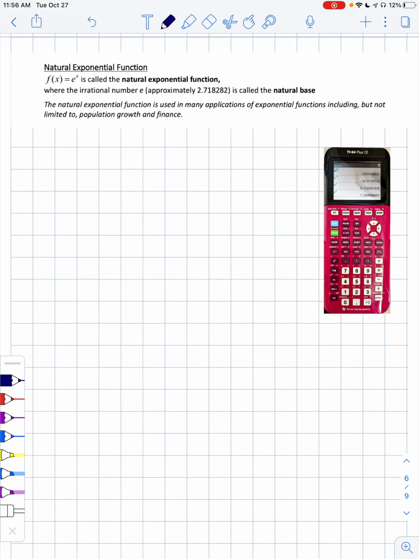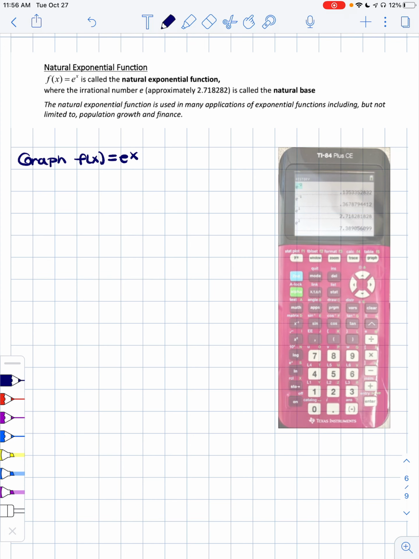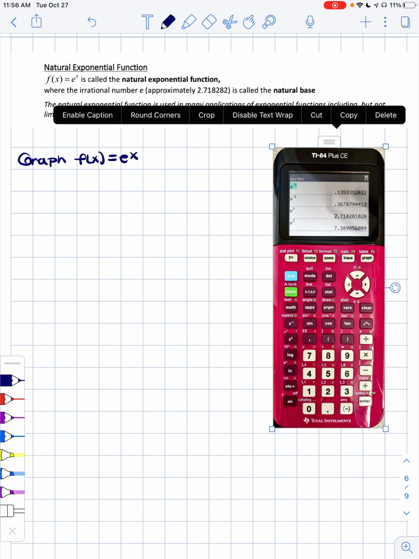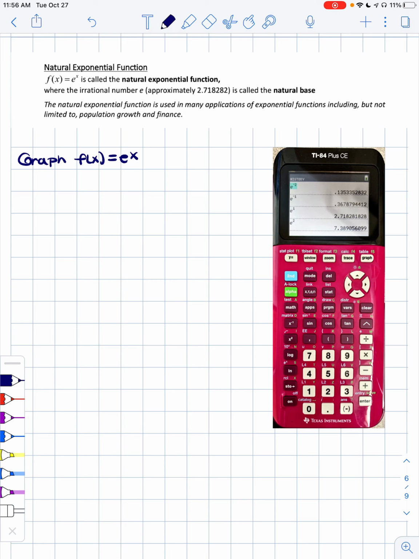So let's go ahead and graph f of x equals e to the power of x. Now the nice thing is if we pull up our graphing calculator, our calculator has an e button right on it. So all we need to do is hit second and then this LN button that's right next to the 4, and that'll pull up your little e where you can type in these numbers.